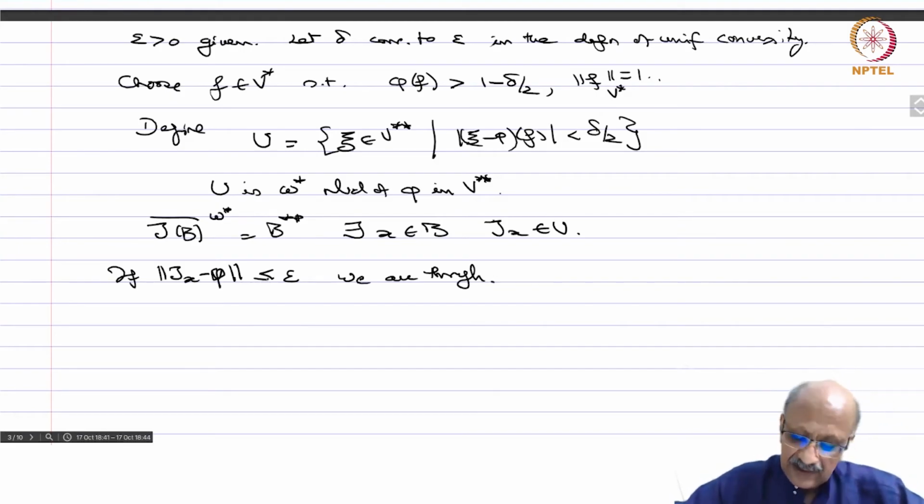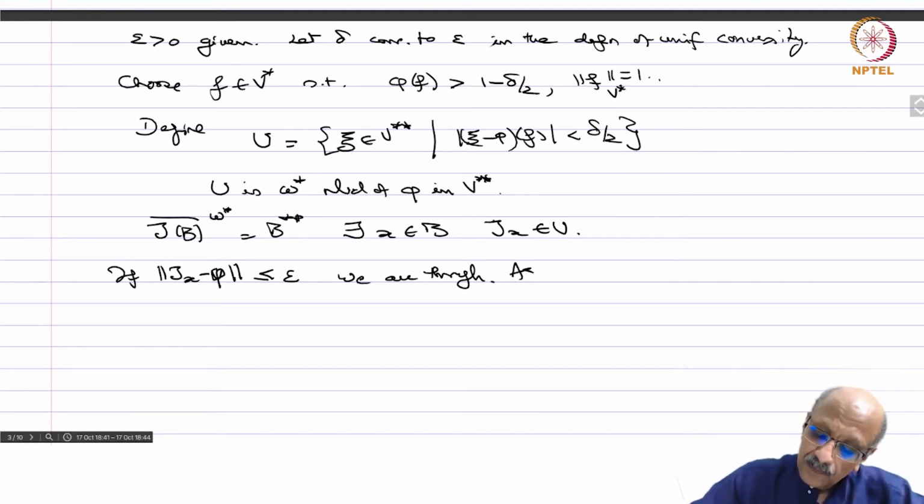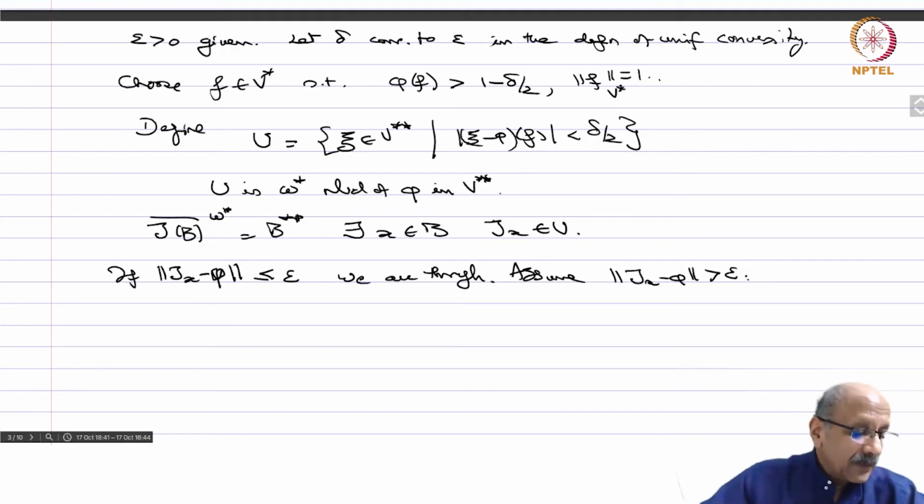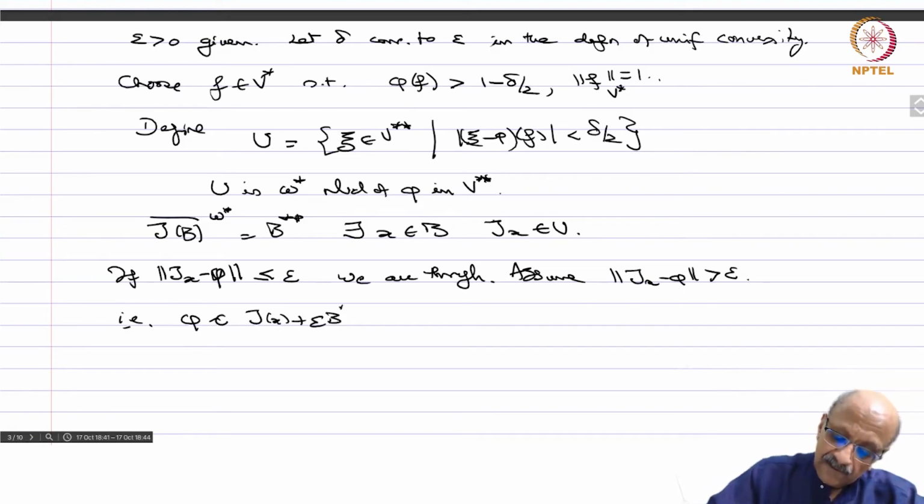We said strictly less than, but less than or equal to doesn't matter, so we are through. Okay, so assume this is not true. So let us assume the norm of Jx minus phi is strictly bigger than epsilon. That means phi does not belong to Jx plus epsilon B double star.